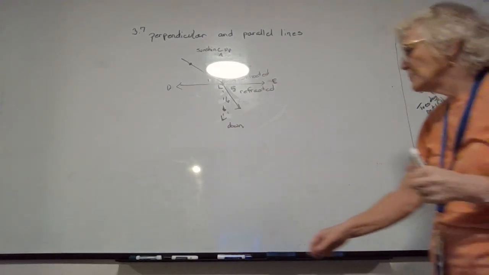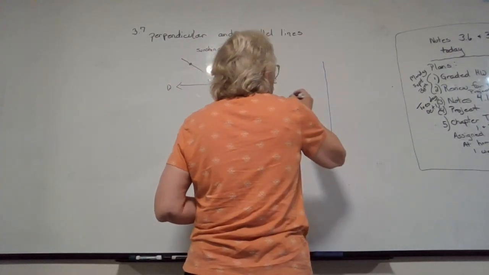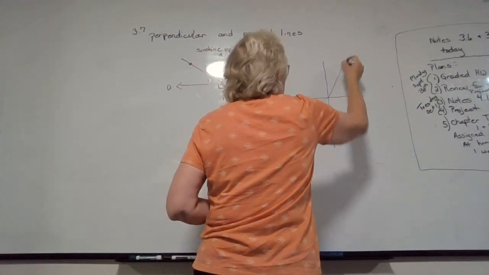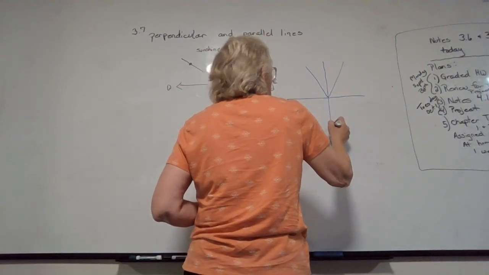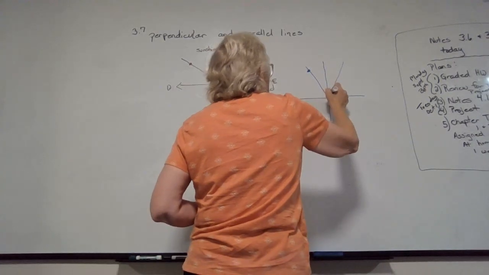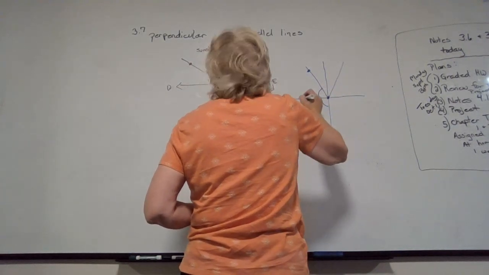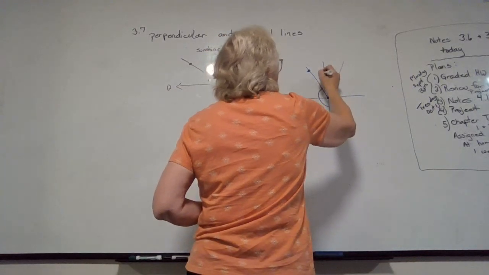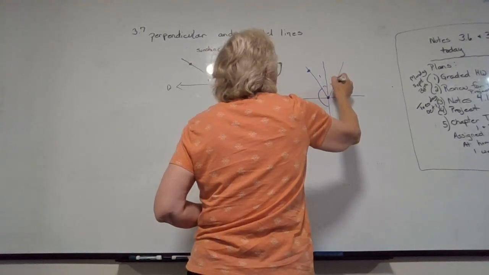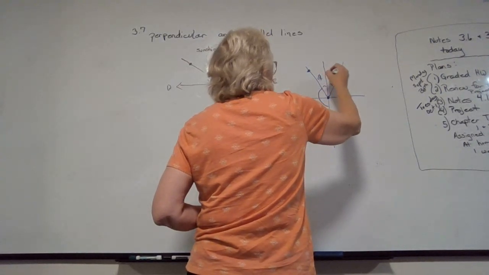Think about that for a while. So let me draw a little bit different picture. What they're trying to say here in this problem, so it's easier to see, this is one angle. This is 2, this is 3.